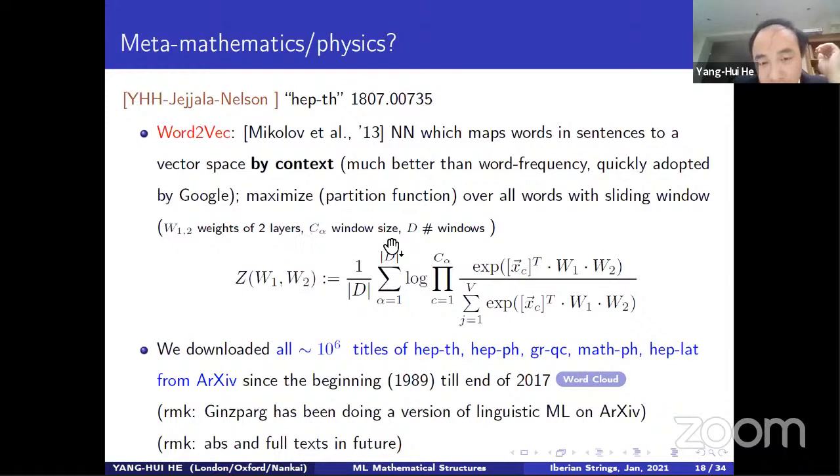Mikolov had this wonderful idea of mapping contextual text, of words, sentences, into a vector space. I won't get into the details, but essentially for physicists like us, or mathematical physicists like us, he basically minimized a partition function of distance.